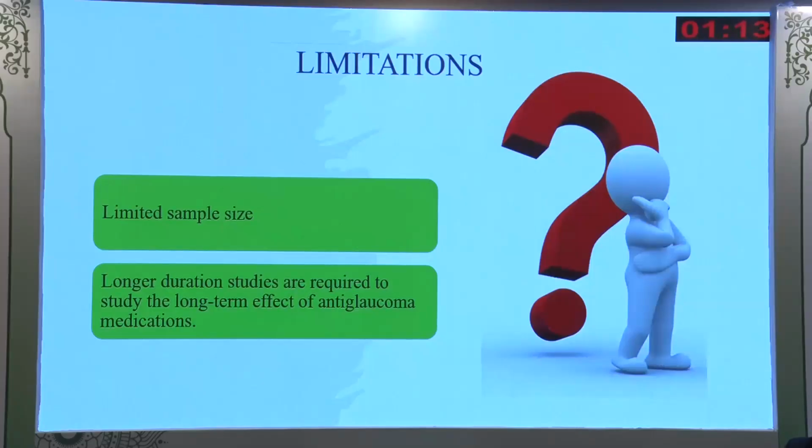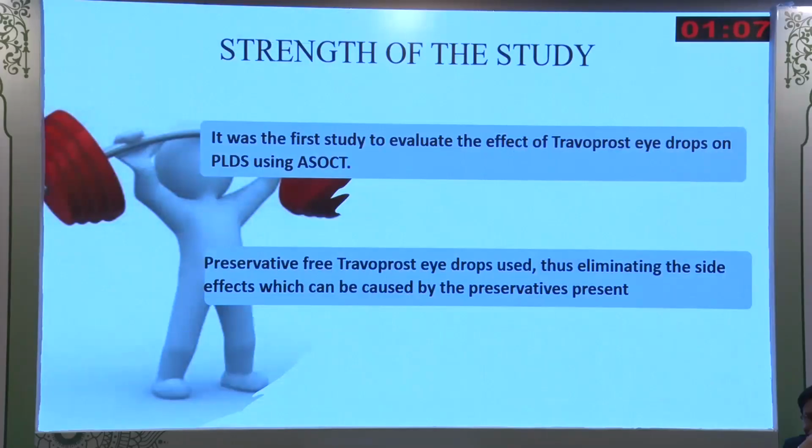But the limitations were the small sample size, and since anti-glaucoma medications are used for a longer duration, we need long-term studies. But it was the first study, to our knowledge, to evaluate the effect of travoprost on the proximal lacrimal drainage system using ASOCT. And since preservative-free eye drops were used, the side effects caused by the preservatives could be eliminated.